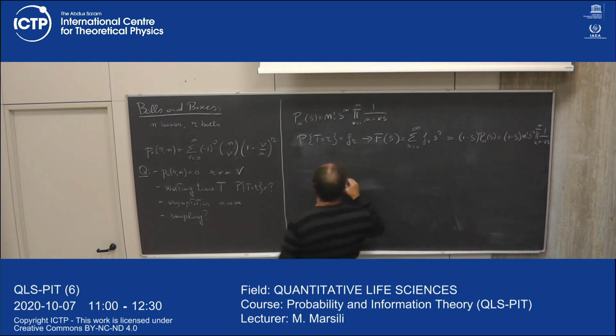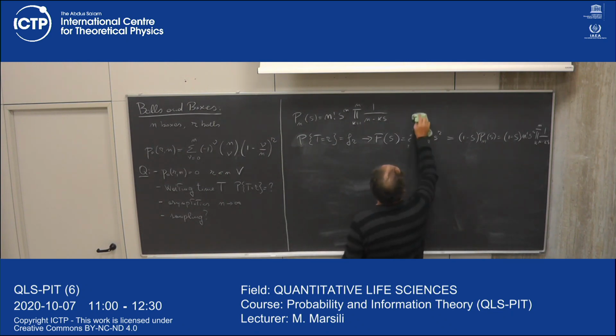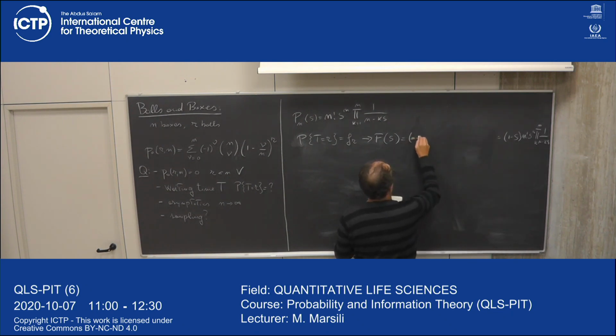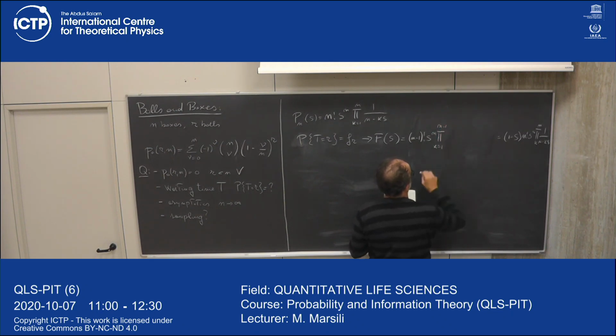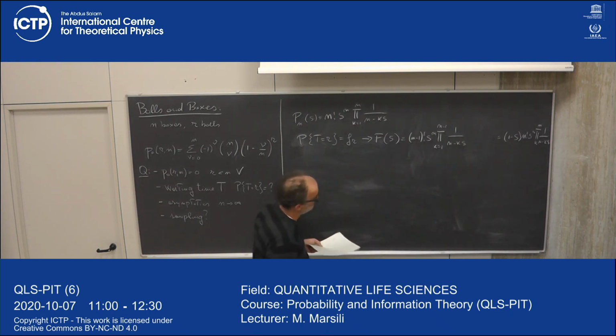So you can write this f of s in a more compact way as n minus 1 factorial times s to the n product k equal 1 to n minus 1 of 1 over n minus k times s.